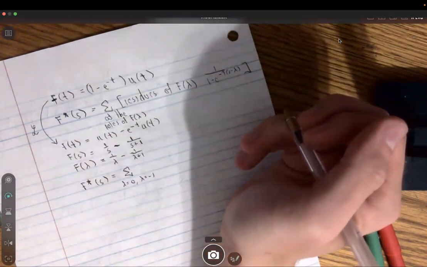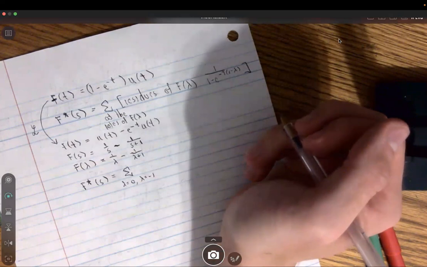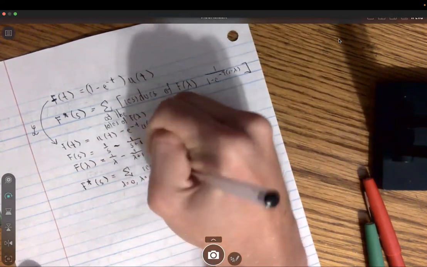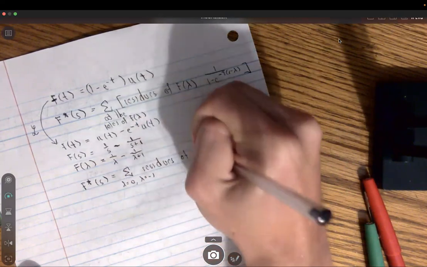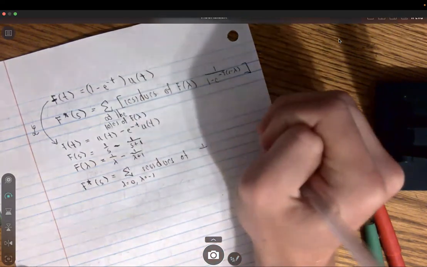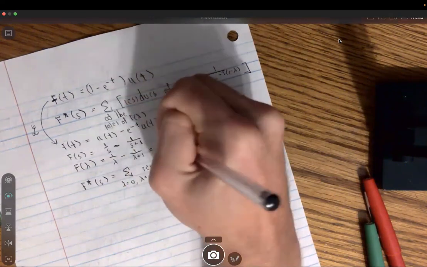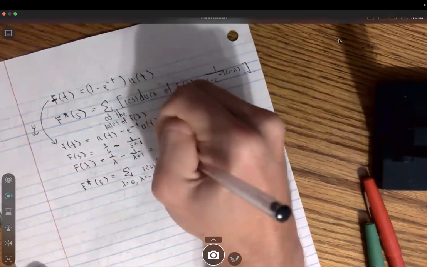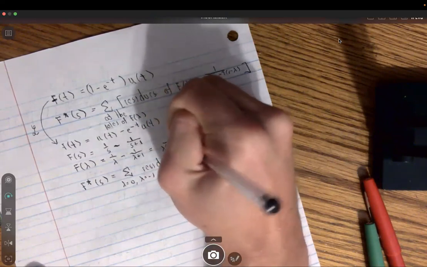Now, what we're going to have is our residues of f lambda here. So we're going to have to do residues of, and what's our f lambda? It's 1 over, making a common denominator for this, so you guys know you're going to have 1 over lambda plus 1.